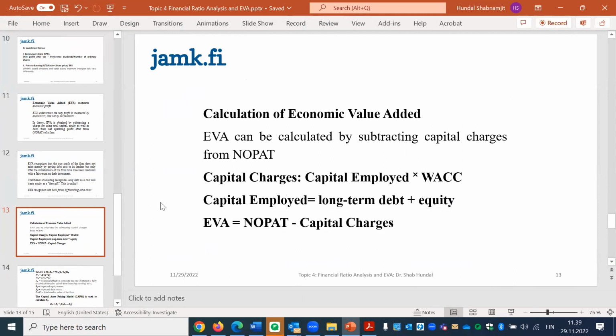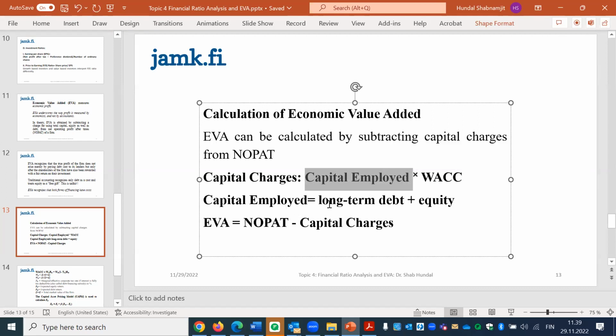Net doesn't make any difference because mostly the operating profit is net, as it is calculated after depreciation and amortization. So basically you have your operating profit after tax, and then you subtract the capital charge. The capital charge is total capital employed, which includes long-term debt plus equity, and this you multiply by the weighted average cost of capital.